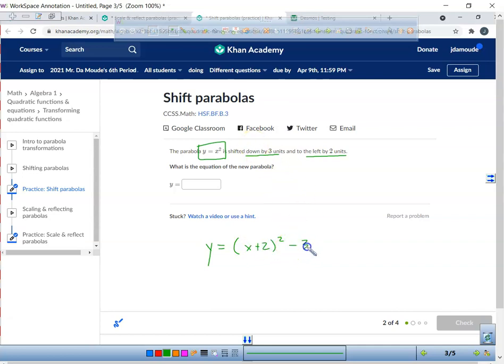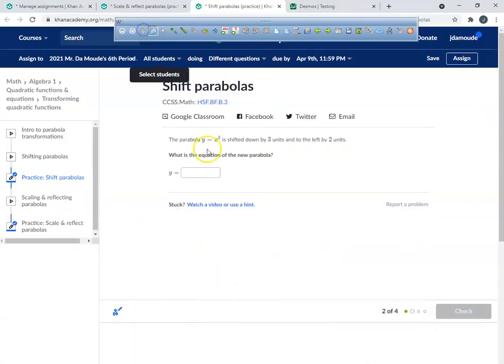Down 3 will be minus 3. That's going to be the answer that I type in. You can write it down. Better hurry because I'm about to type it in. That's left 2. That's down 3. Don't worry, I'll type it in.